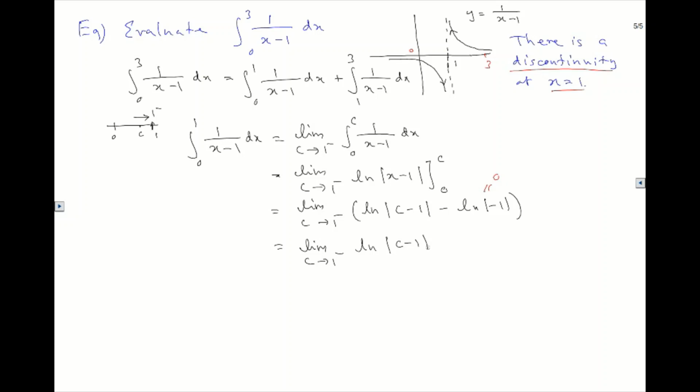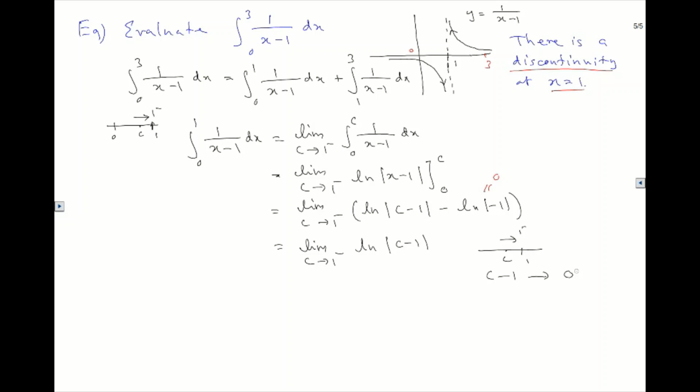and then you can see that when c goes to 1 minus, so c goes to 1, this is 1, c goes to 1 from the left side, what's going to happen, c minus 1 goes to 0.